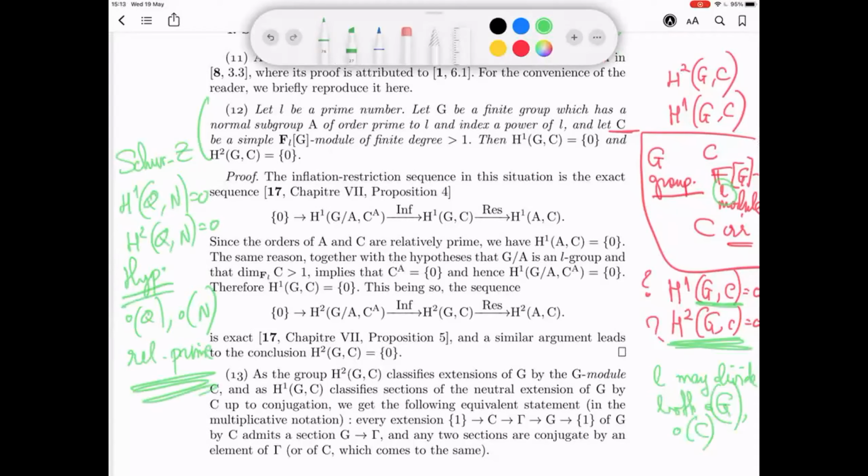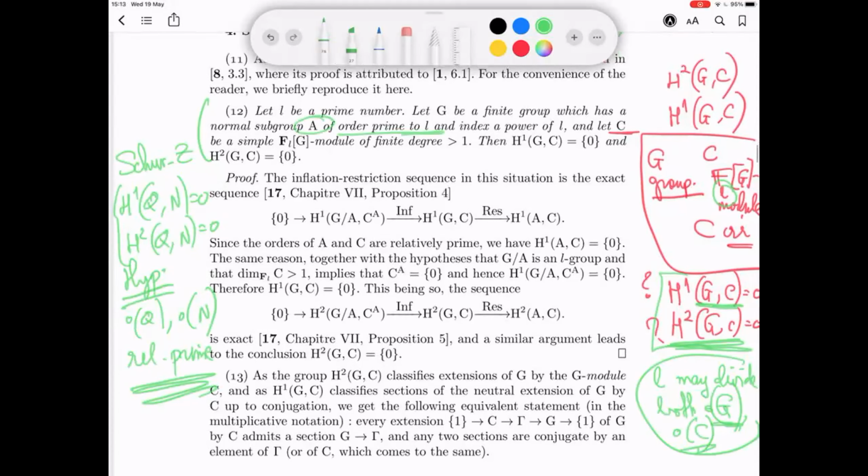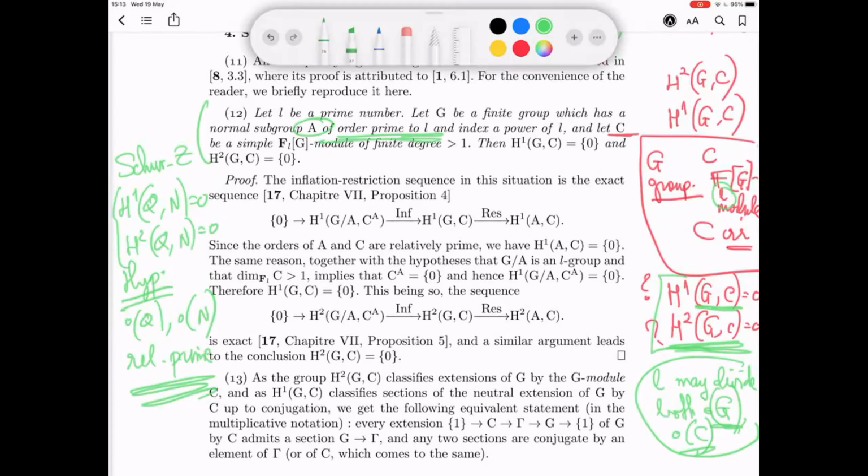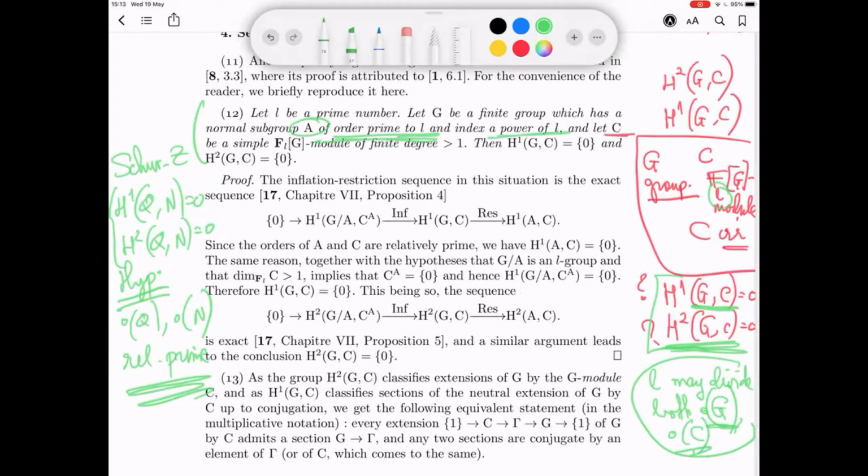That was the hypothesis, and then you got this conclusion. Here, I want the same conclusion, but my hypothesis doesn't say that the orders are relatively prime. In fact, there's a prime number which may divide both these orders, but there's a different hypothesis that the group G should have a normal subgroup A of order prime to L, and the quotient should be an L group.